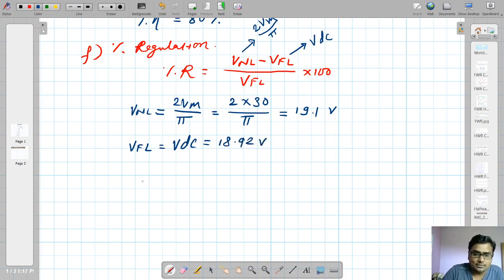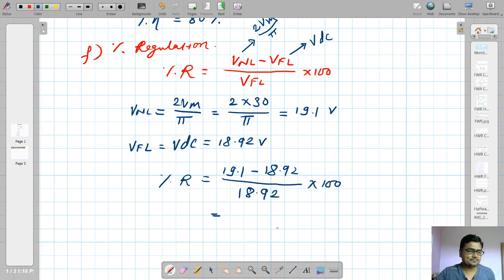Now put the values in the above equation: percentage regulation equals VNL, 19.1 minus 18.92, divided by 18.92 and multiplied by 100. If you calculate this, what am I getting?